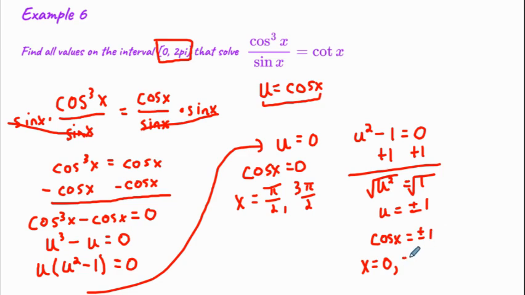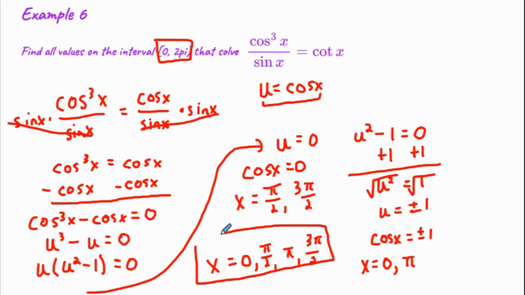That would be at pi. Okay, so to round up all our solutions, x is equal to, we'll put them in order, 0, pi over 2, pi, and 3 pi over 2. And if you were to plug these back into the original equation, it would balance both sides.